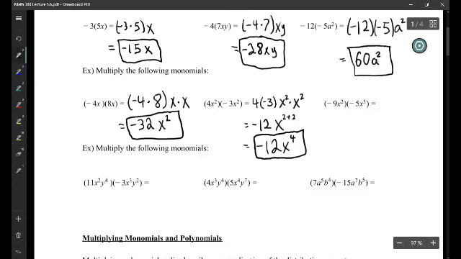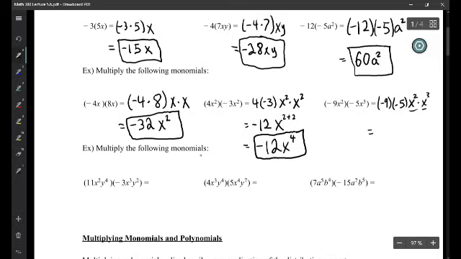Then over here, we get negative 9 times negative 5. And then x squared times x cubed. Again, same base.